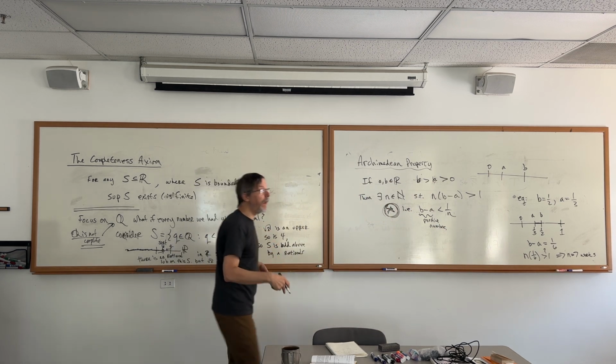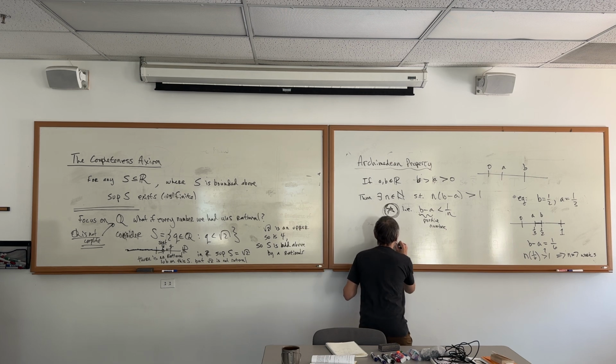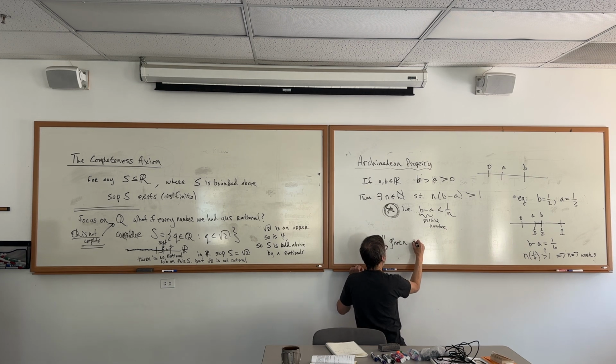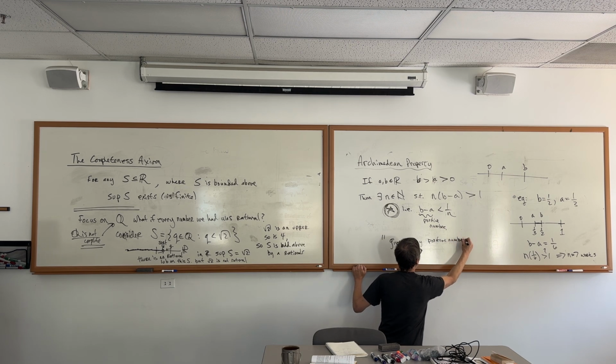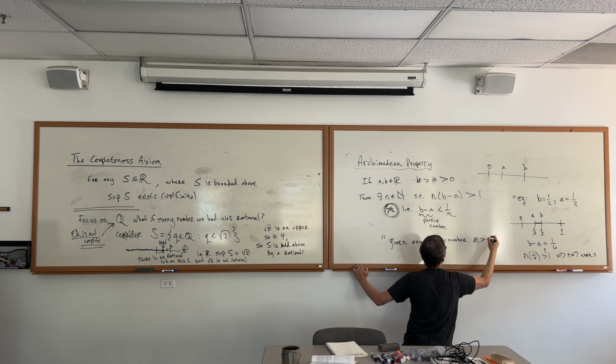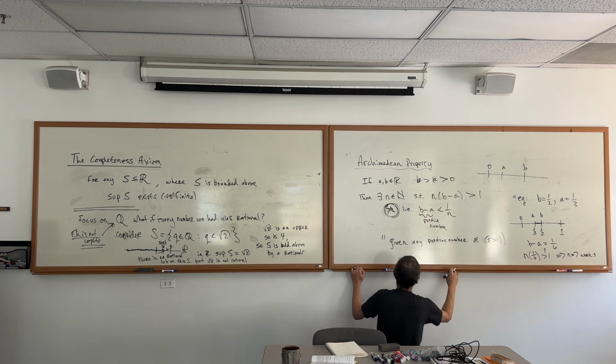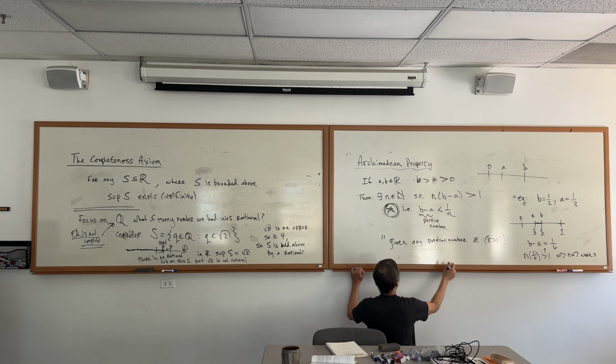So one way I could say this is, given any positive number, let's just introduce one of our best friends, epsilon. So epsilon is greater than 0. You're going to be so epsiloned out by the end of the semester.